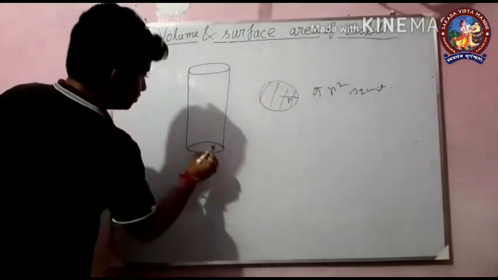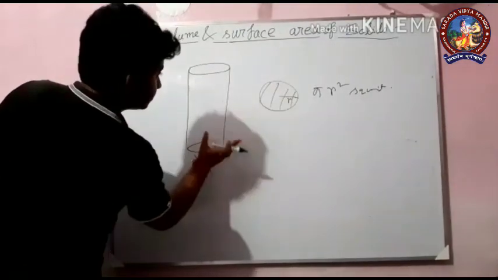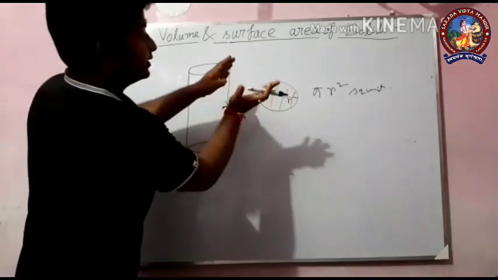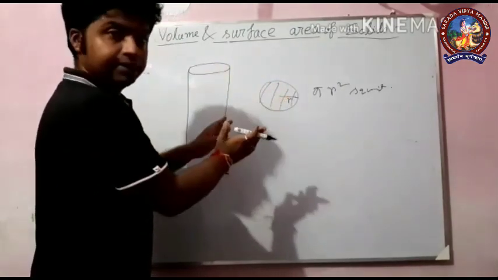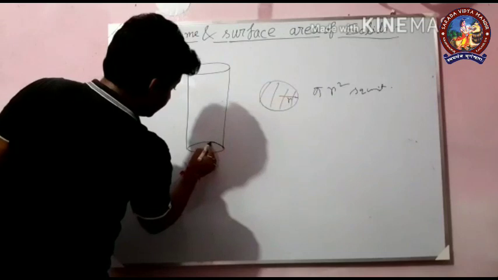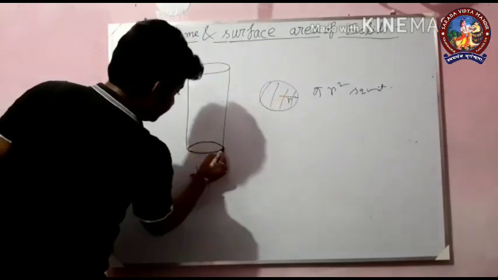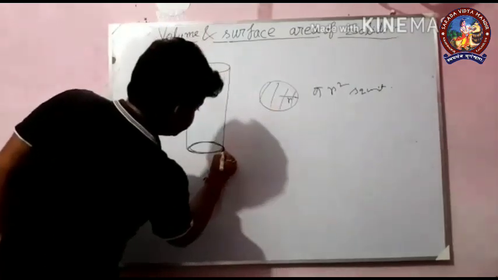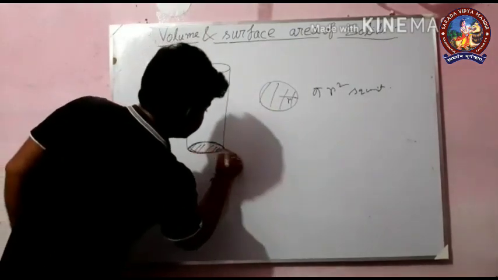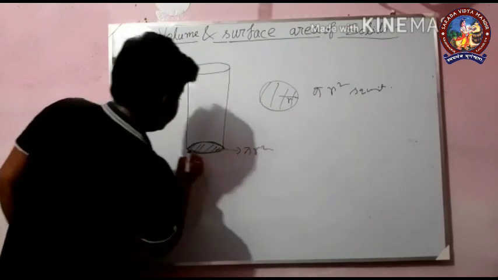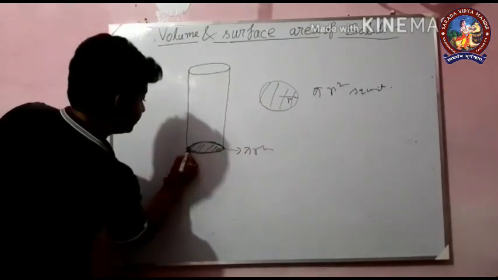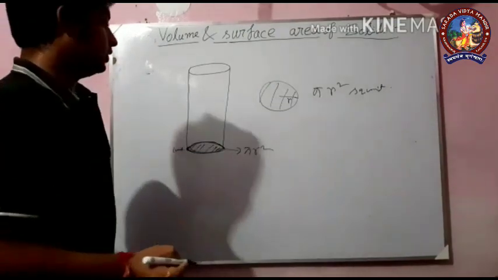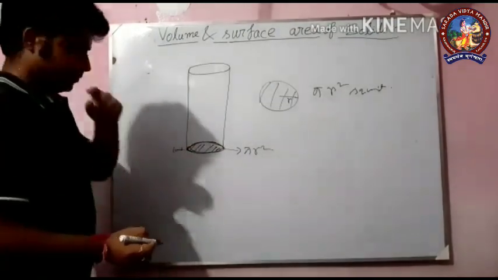Now suppose I have taken this circular surface, or you can think of it as a circular plate. I have taken that plate here. The area is pi r square, and the height of this plate is 1 unit. Height of one circular plate is 1 unit.